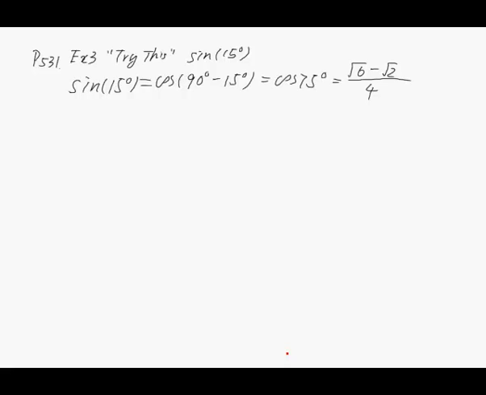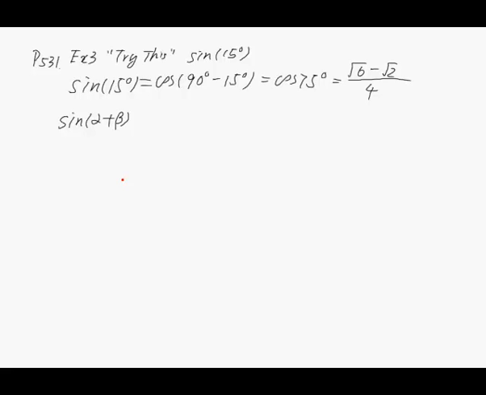And now, after we talk about the identity for the cosine, let's try to find the identity for the sine of a sum and the difference by using these cofunction identities. So let's begin with the sine of alpha plus beta.